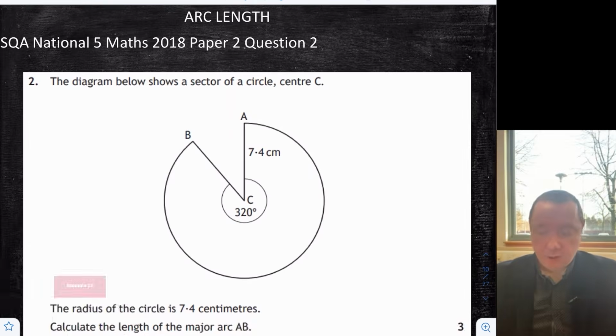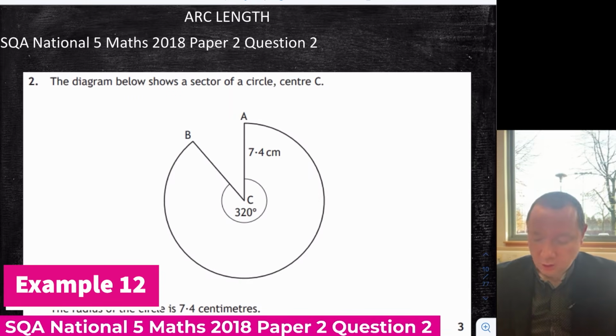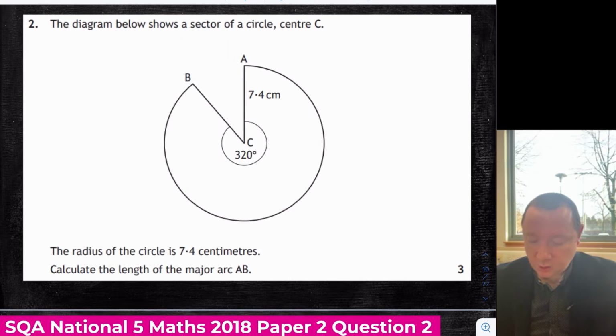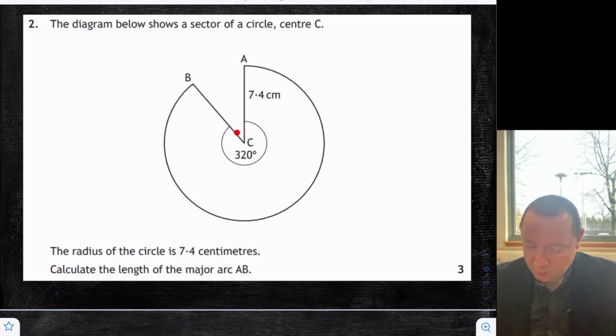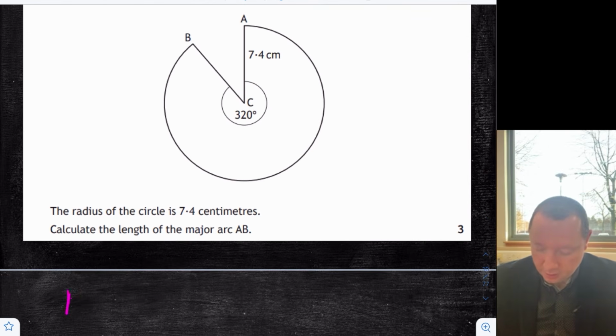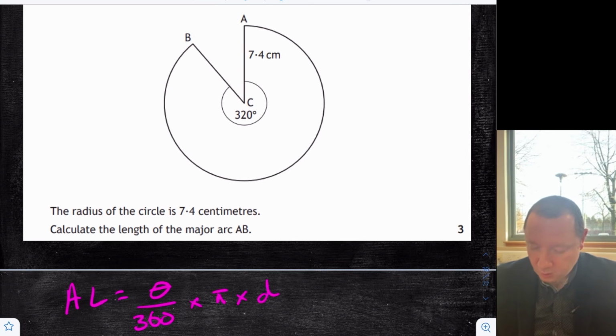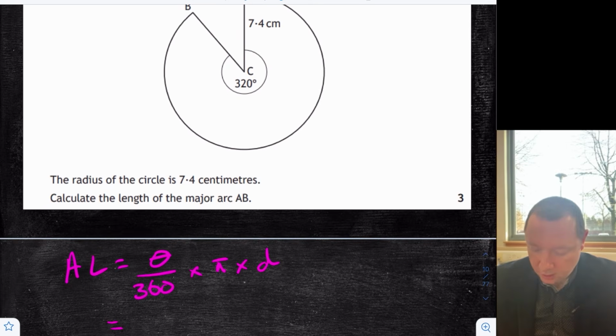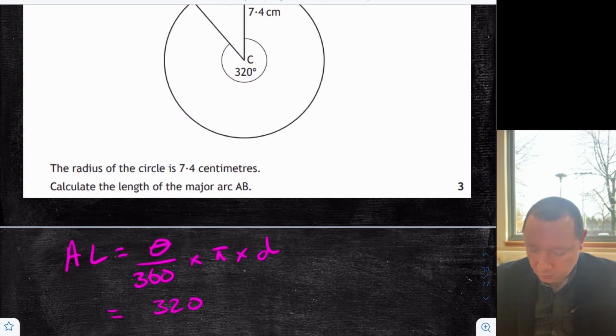And we're done there. Next grade National 5 Maths 2018, Paper 2, Question 2 on arc length. The diagram below shows the sector of a circle, centre C. It shows the radius is 7.4, the angle is 320, and it asks us to calculate the length of the arc. So this is a straightforward one. We can just write down arc length equals angle over 360 times pi times diameter. Always write down your formula first. Your angle is 320. We've got that over 360.